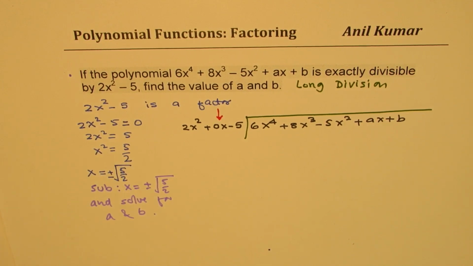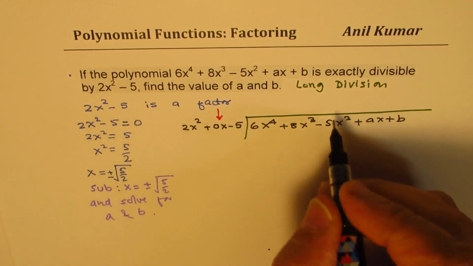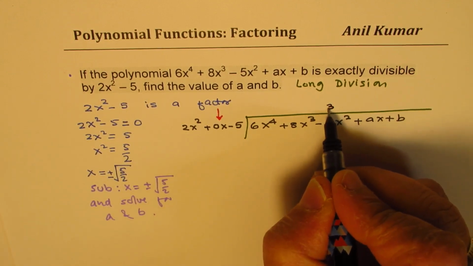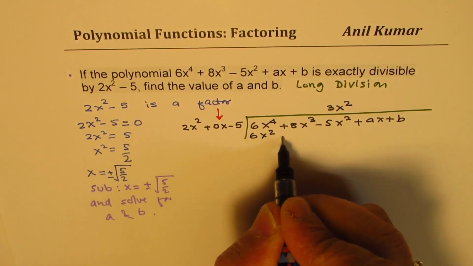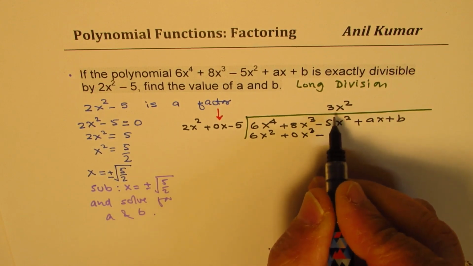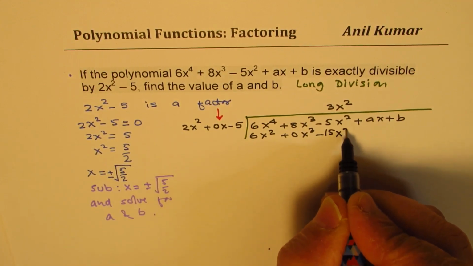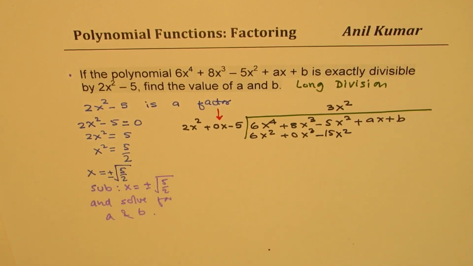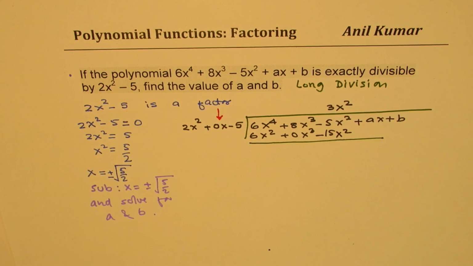Now let's divide. So 6x to the power of 4, that means we'll take this as 3x squared. Multiplying, we get 6x to the power of 4 plus 0x cubed minus 15x squared, right? And now let's take the difference once again and then continue.